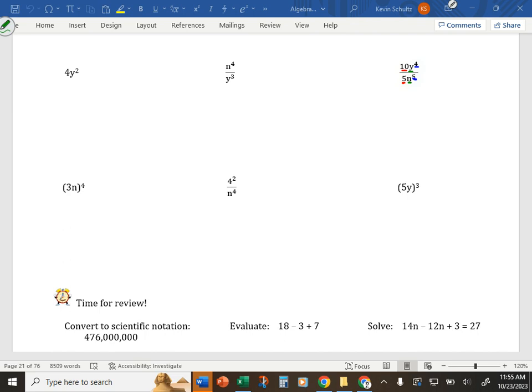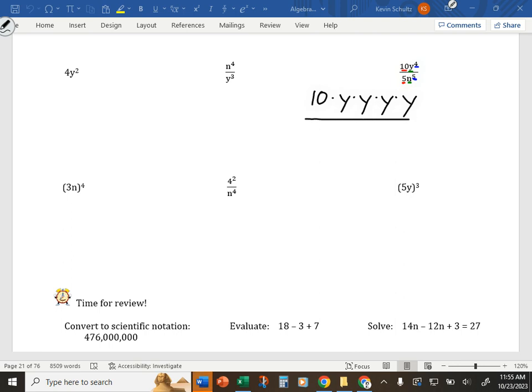The fact that it's a fraction doesn't really change much for expanded form. We can see in the numerator we have 10y to the 4th, which in expanded form looks like what? No parentheses, 10y to the 4th. What is that in expanded form? 10 times y to the 4th. Right. Only one 10, and then times y, times y, times y, times y. Then the fact that it's a fraction just means that we're going to put a fraction bar in there.